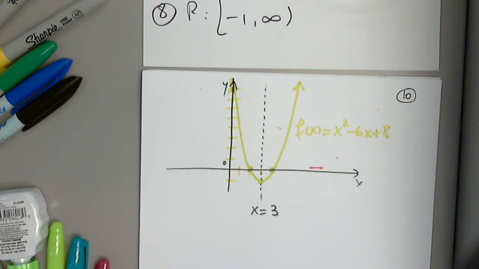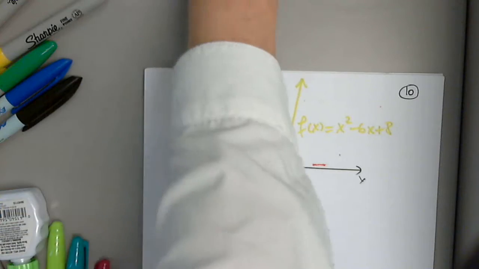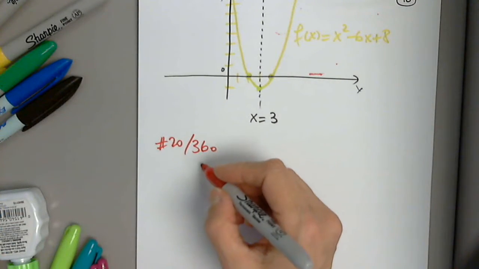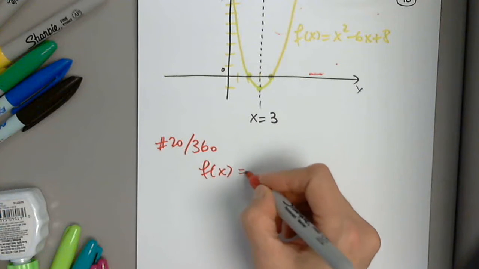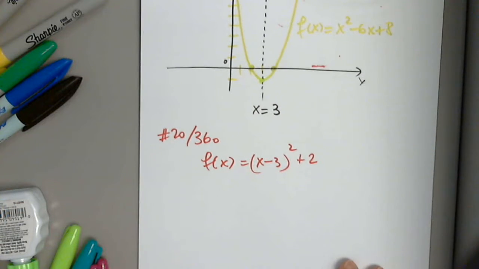Let's look at the other one with a completed square. Let's say 20 on page 360. We are given f of x equals x minus 3 squared plus 2.